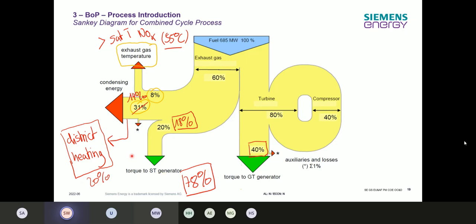So that could be a way to increase the efficiency by reducing the condensing energy, and probably in future we'll find a way to use the heat which is still here, sending it through something else, or using the condensing energy for heating up water, which we then can send. There are still possibilities.